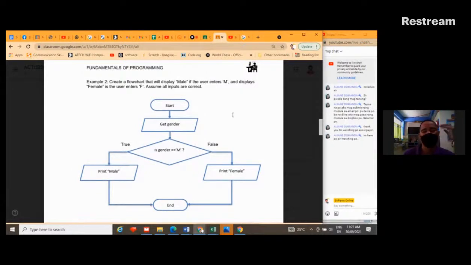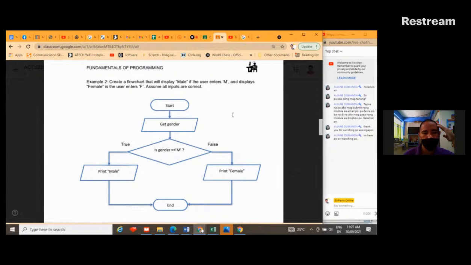By the way, as an explanation for the gender, you could also consider that we have different values there aside from male or female. You have L for lesbian, G for gay, B for bisexual, T for transgender, and Q for queer.